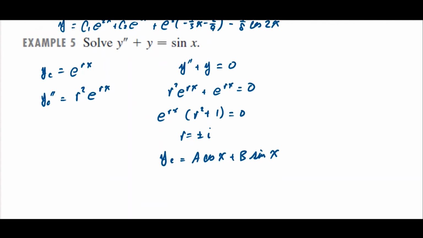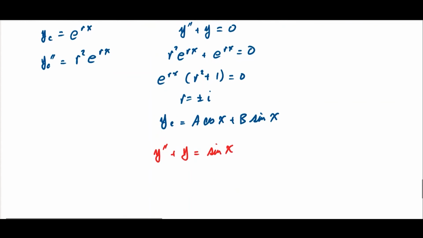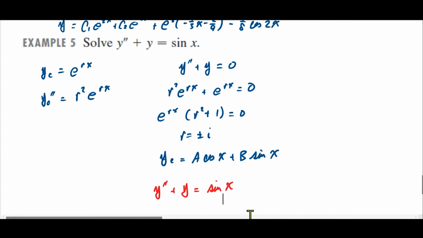Now, the particular solution, which is this one, the right-hand side one, this part right here. So now I want to solve y double prime plus y is equal to sine of x. Okay? Now here we run into a problem.